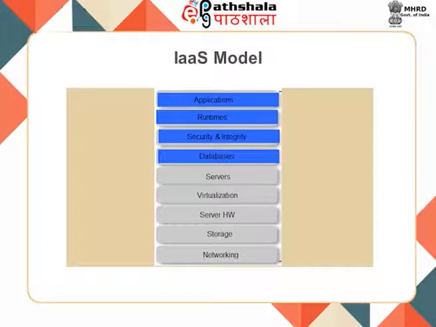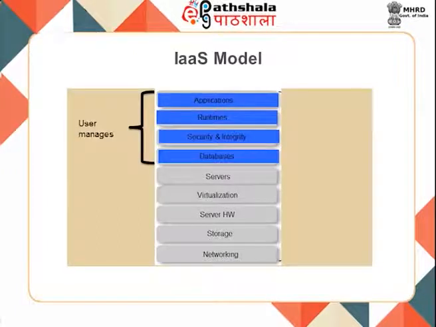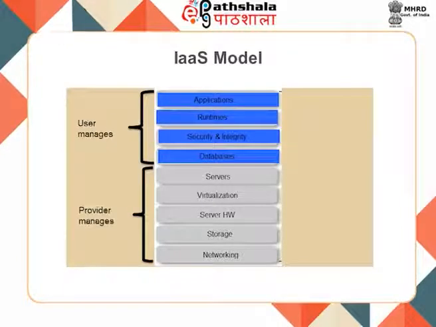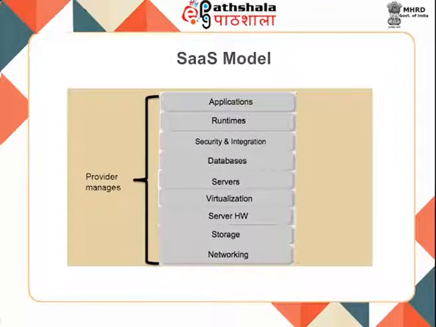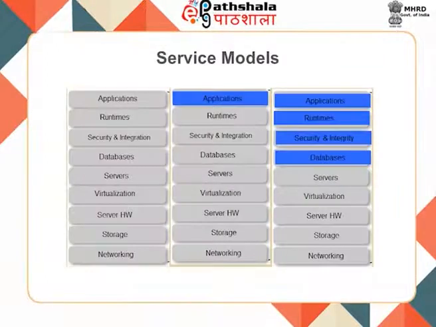So, users are managing applications, runtime, security and databases, but the rest are all being managed even in an IaaS model by the providers. In a PaaS model, users are managing only the applications, the rest are being managed by the providers. And in the SaaS model everything is being managed by the service providers. So, these are the control models for the different service models.